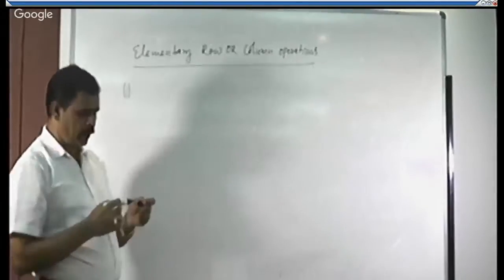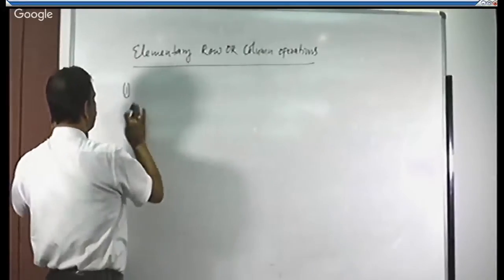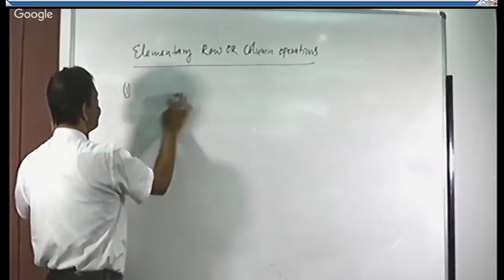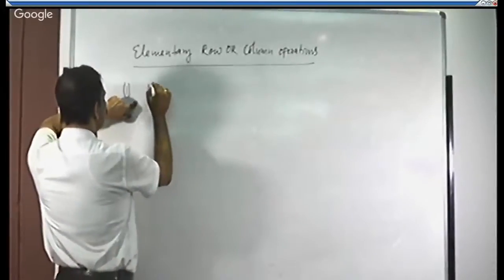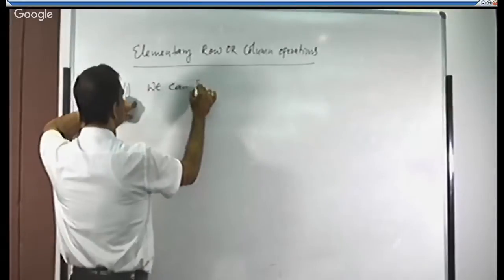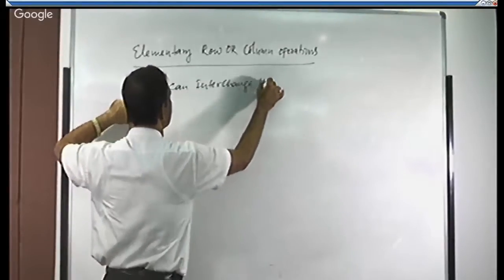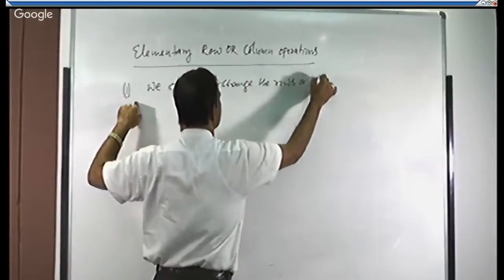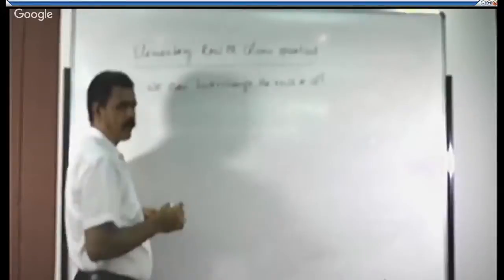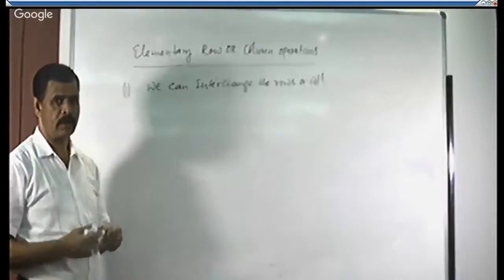The first elementary operation, we can interchange the rows or columns. For a given matrix, you can interchange any two rows or any two columns.